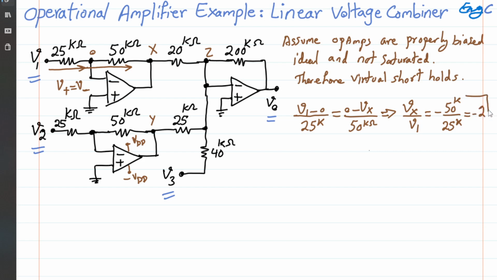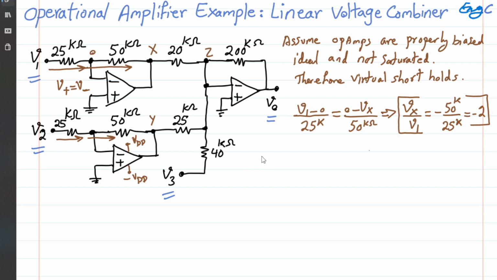All right, so let's remember this. That is the relationship between Vx and V1. So Vx is equal to negative 2V1. Okay. Now the same thing can be applied to node Y. For the same reason, the current flowing this way from V2 should flow completely through the 50K as well.